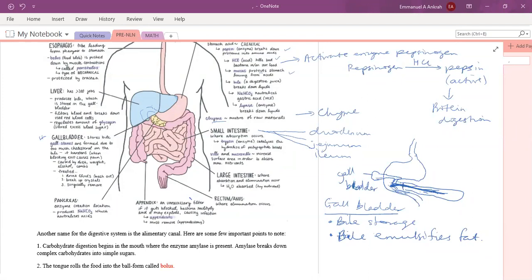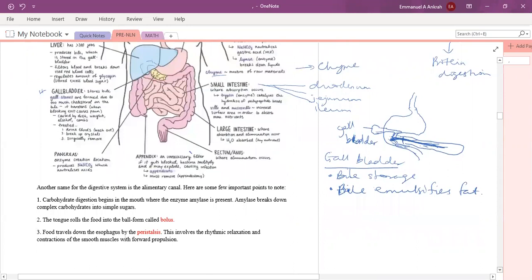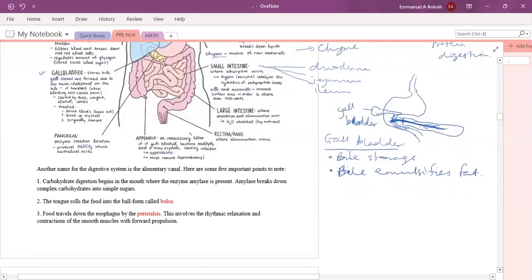Okay, so that's the function of the bile. So if you take out somebody's gallbladder, it means that the person will not be able to digest fat. Remember that key fact too. You cannot digest fat well. And removal of the gallbladder is what they call cholecystectomy. If you've heard that word, cholecystectomy, that is the operation to remove the gallbladder. Okay.